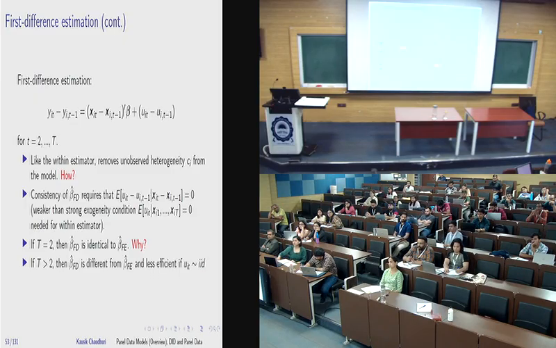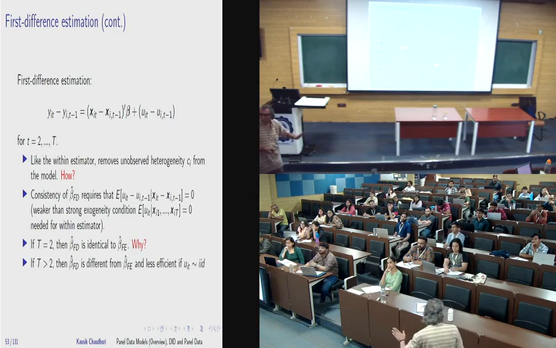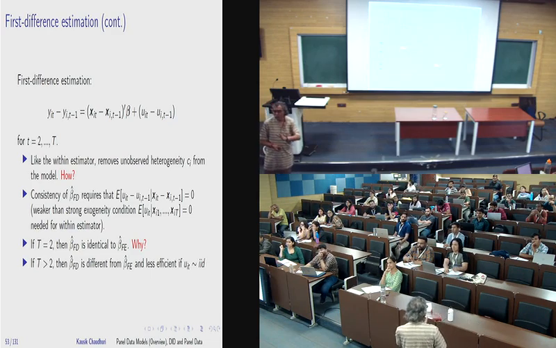Note, when T is equal to 2, beta hat FD is going to be identical with beta hat FE, because the FE is nothing but only one period mean, right? And the one period mean of Y_it minus one period mean is nothing but the first difference of Y_it and Y_i,t-1.